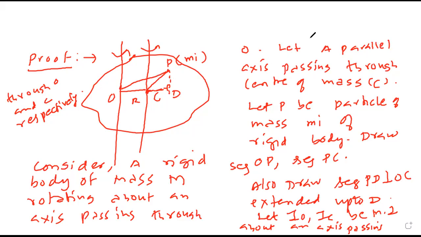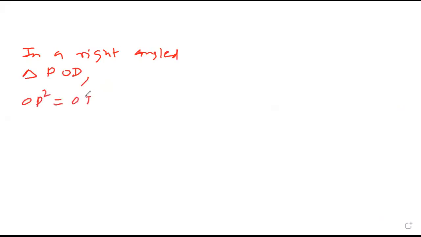So because we want R square, I thought, is there a triangle inside which there is 90 degrees? So in a right angled triangle POD, don't say it wrongly, POD. The right angle was at PDO, so that we don't make any mistake in one-one correspondence.